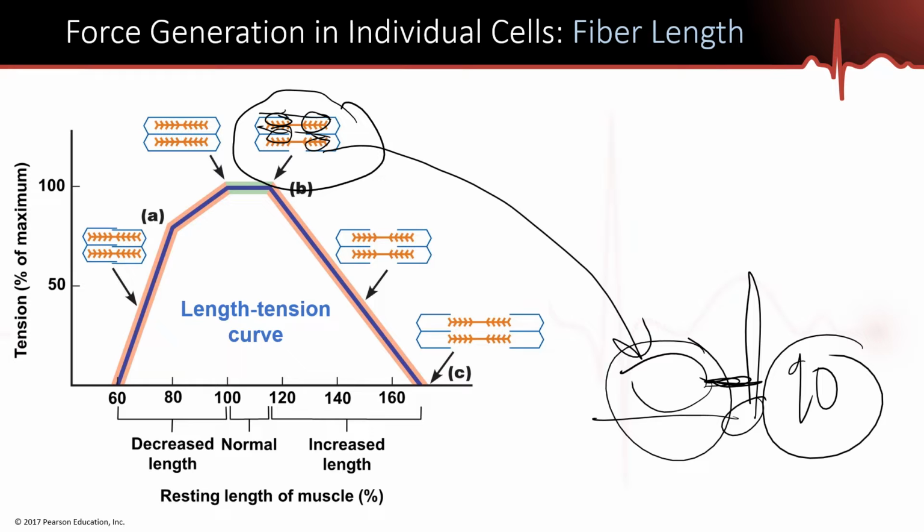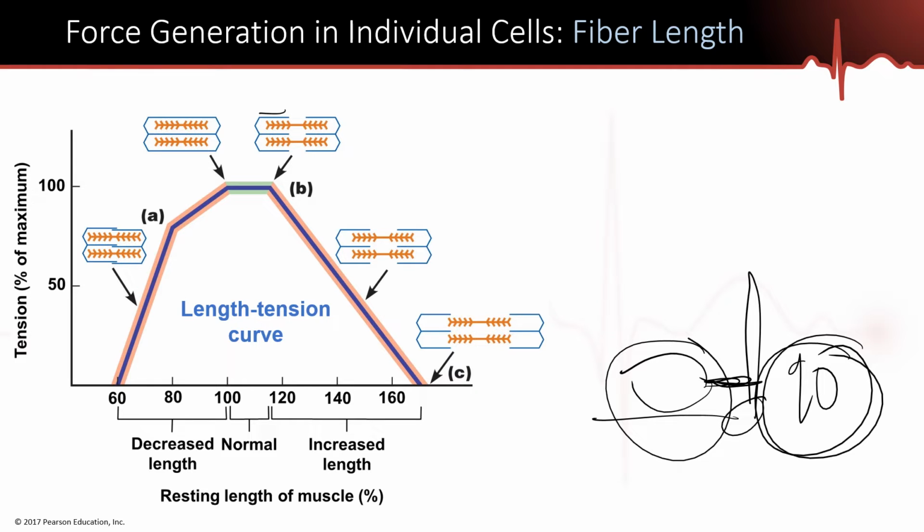And it's because at that length, like with the biceps muscle when the elbow is at 90 degrees, like I'm trying to poorly draw in this image right here, the sarcomeres within the muscle fibers within the biceps muscle, not all of them, but most of them, are overlapped optimally so that myosin and actin are, again, you can see it here too. You can see that the sarcomeres are optimally overlapped and the most amount of myosin and actin can interact, and thus the most amount of force can be generated.